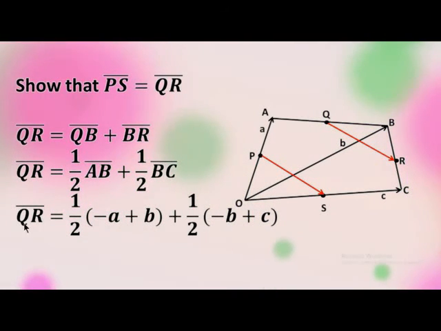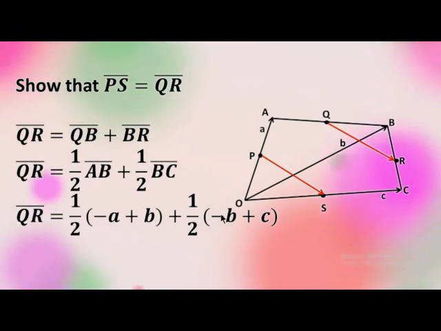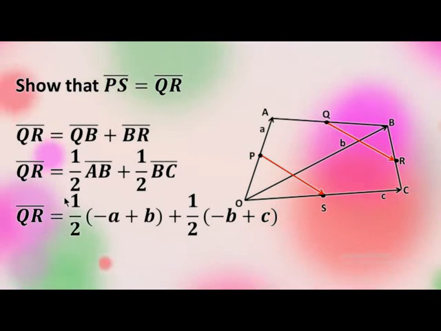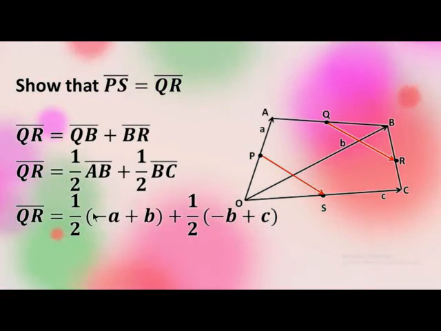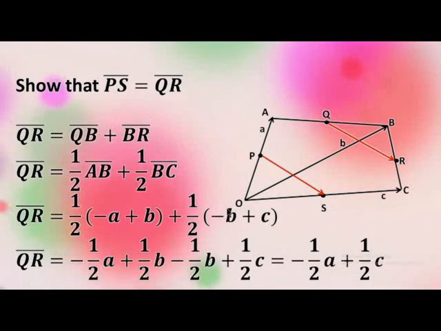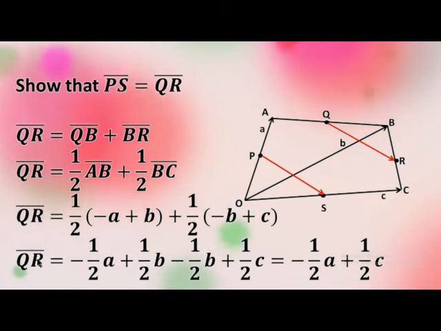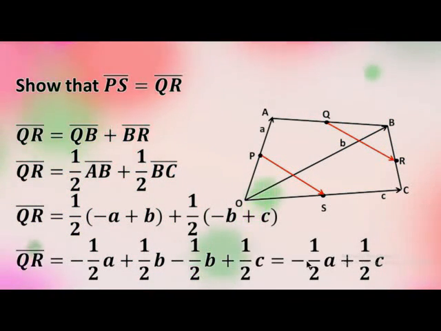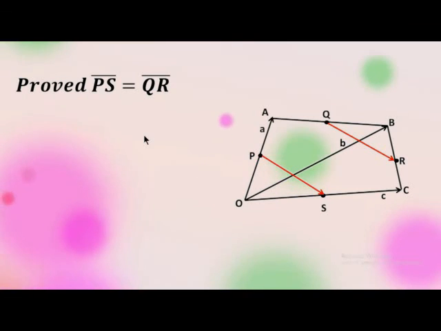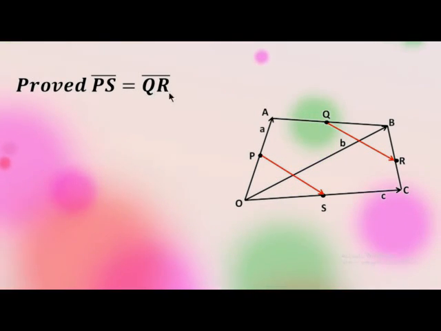So QR equals half of negative A plus B plus half of negative B plus C. Multiplying the half through, QR equals negative half A plus half C. So it is proven that PS equals QR.